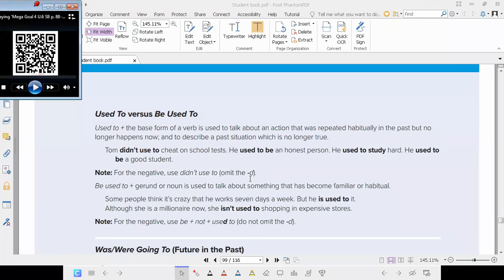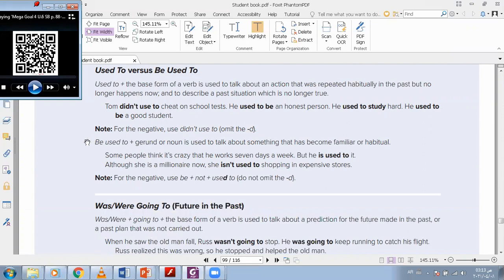As you see here in this example. طيب if we look carefully here طبعا note the negative use didn't used to، يعني هو بيديني ملحوظة بيقول لي ان لما تيجي تنفي used to بتنفيها ب didn't used to، ده الكلام اللي احنا قلناه.